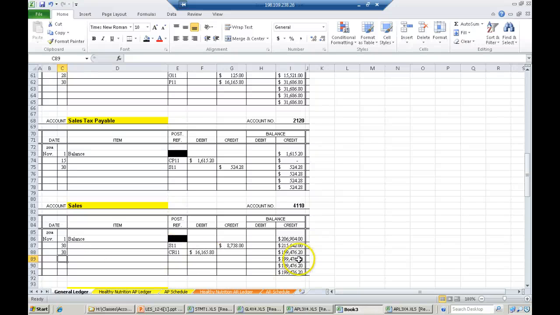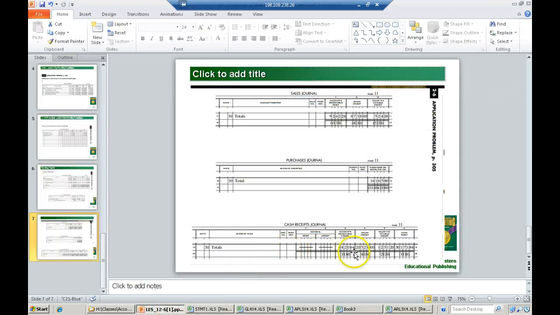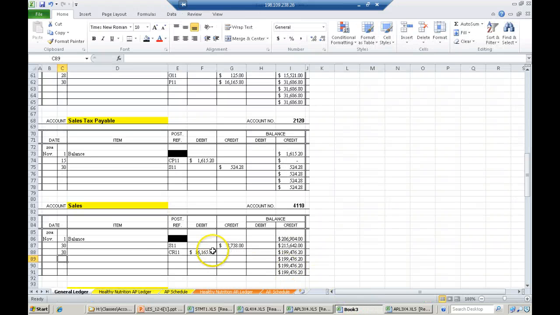And notice that it changes our totals. Actually, sales credit of $20.52. That's my fault. It should be credited $20,520. There we go.